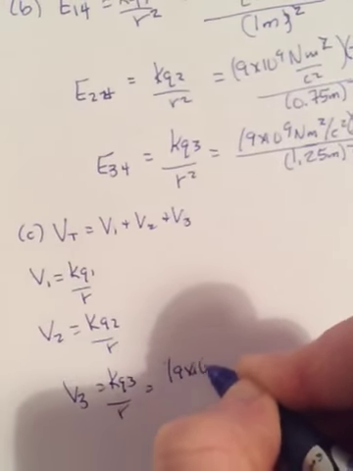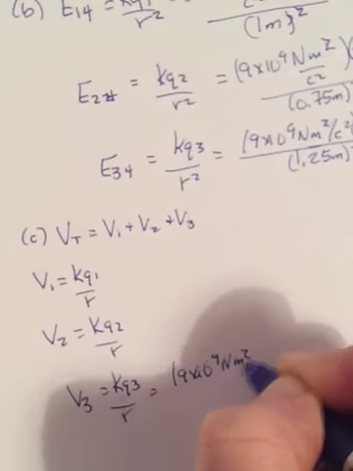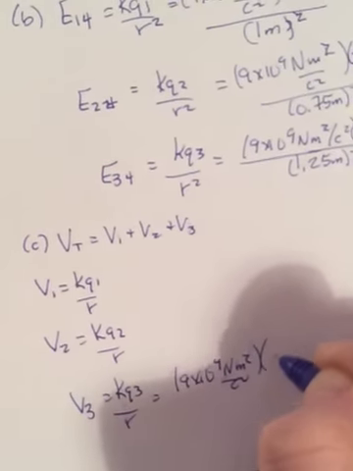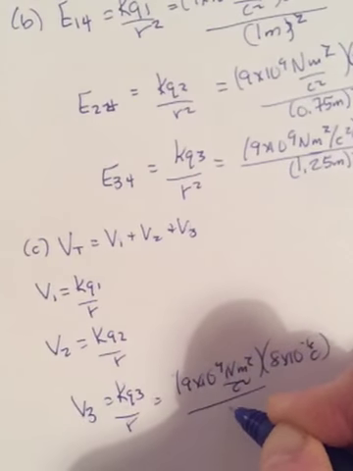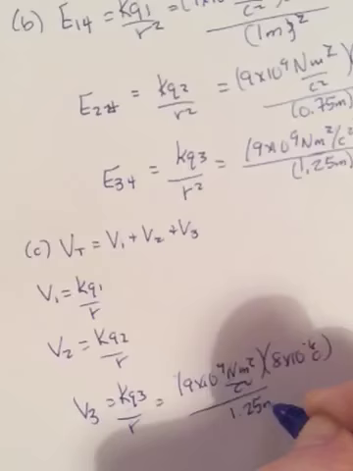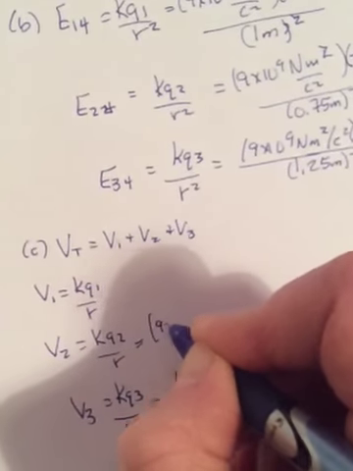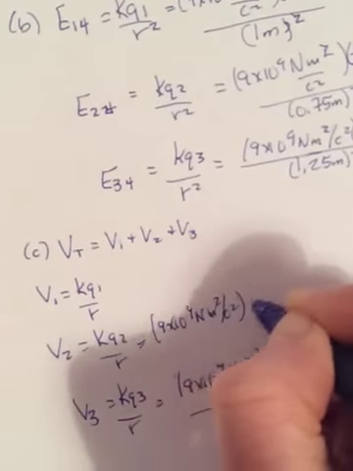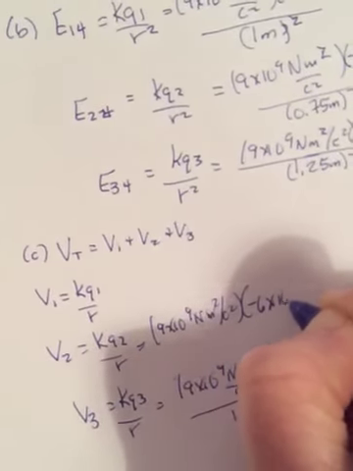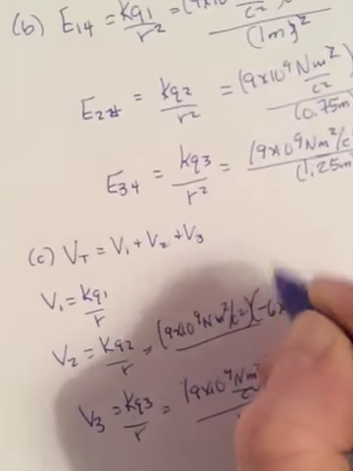So 9 to the 9th newton meters squared per coulomb squared, 8 times 10 to the negative 6 over its R, which was 1.25. This one, 9 to the 9th newton meters squared per coulomb squared, negative 6 to the negative 6, and this one was 0.75.